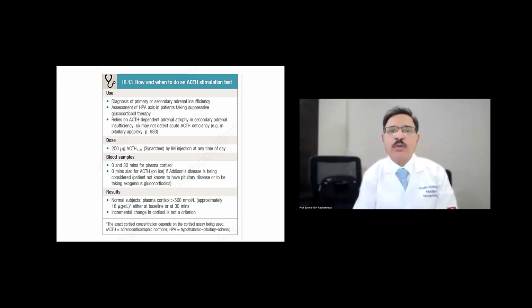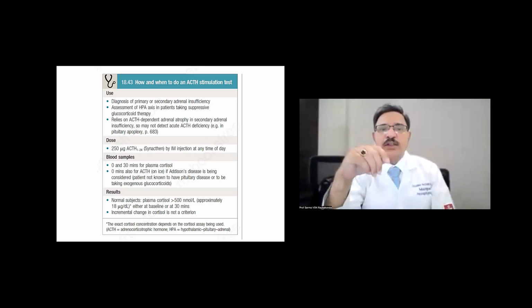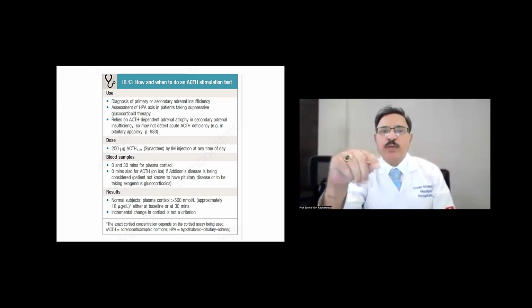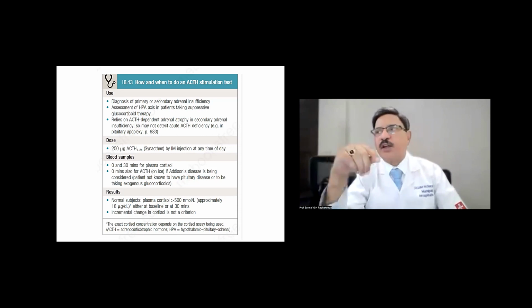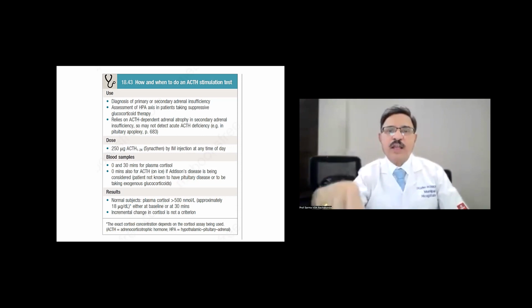So at 0, the blood has to be in the ice box and immediately analyzed. Before giving the ACTH injection, you have measured plasma cortisol and ACTH, 2 values, and then you gave ACTH and measure the cortisol after 30 minutes. Okay, and the sample has to be analyzed immediately.